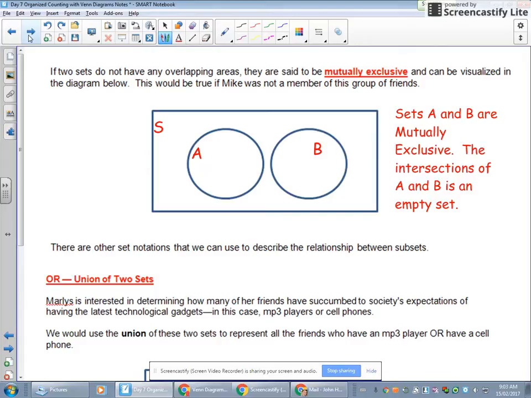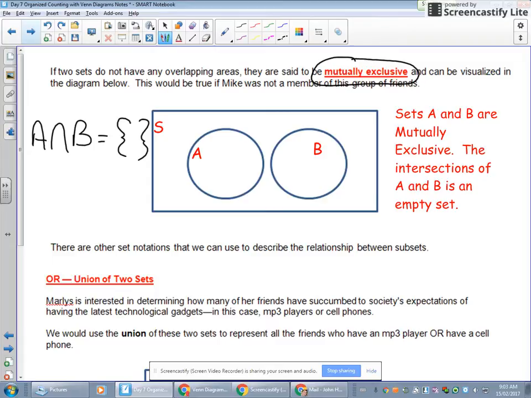Okay, in this particular case, A and B have no overlap. There are no common data points between A and B. So this is a diagram. It's not referring to our cell phones or MP3 players in this case. But when there's absolutely no overlap, this is going to be known as mutually exclusive. When there's no overlap whatsoever, they're mutually exclusive. Or we could also say that A intersected with B has nothing inside of it, right?